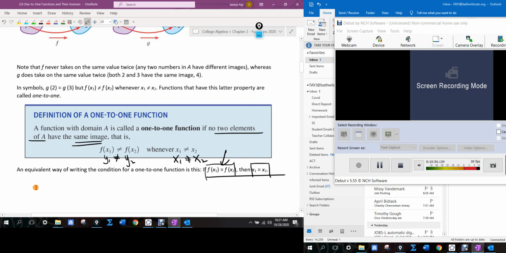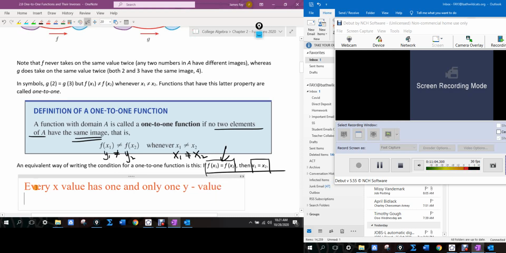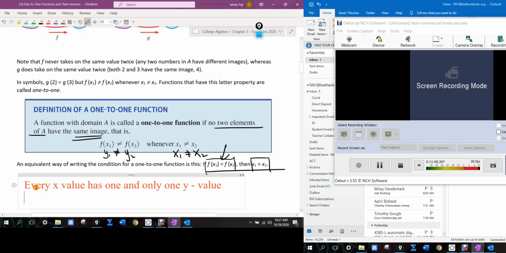For a function, we say every x value has one and only one y value, right? Okay. To be one-to-one, we then reverse and say every y value has one and only one x value. Okay? And that's what we call a one-to-one relationship.